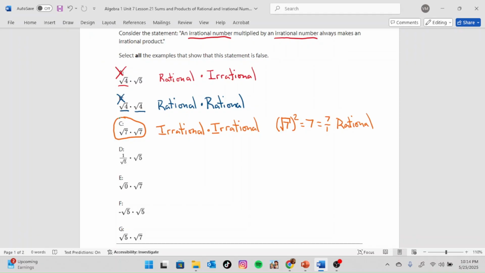Now we're looking at D. D has 1 over the square root of 5. Since the square root of 5 is irrational, then 1 over the square root of 5 is irrational. Now we're multiplying that by the square root of 5, which is also irrational.